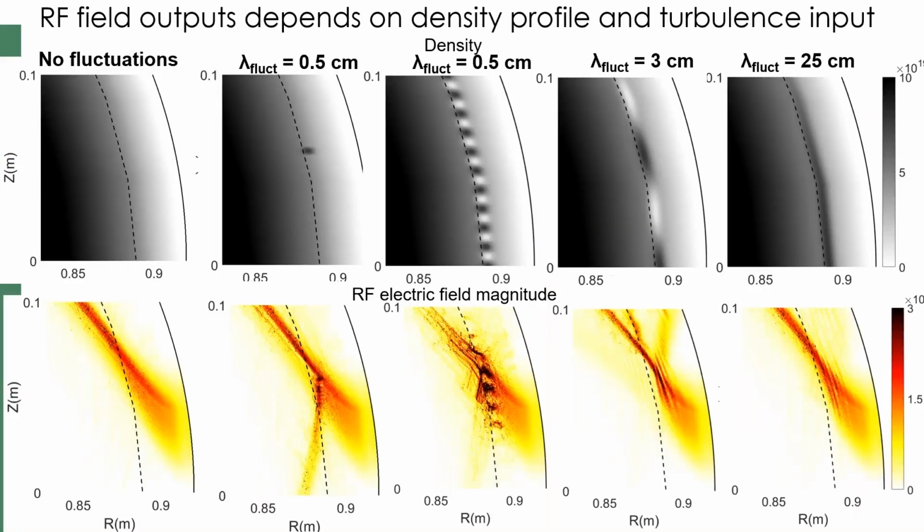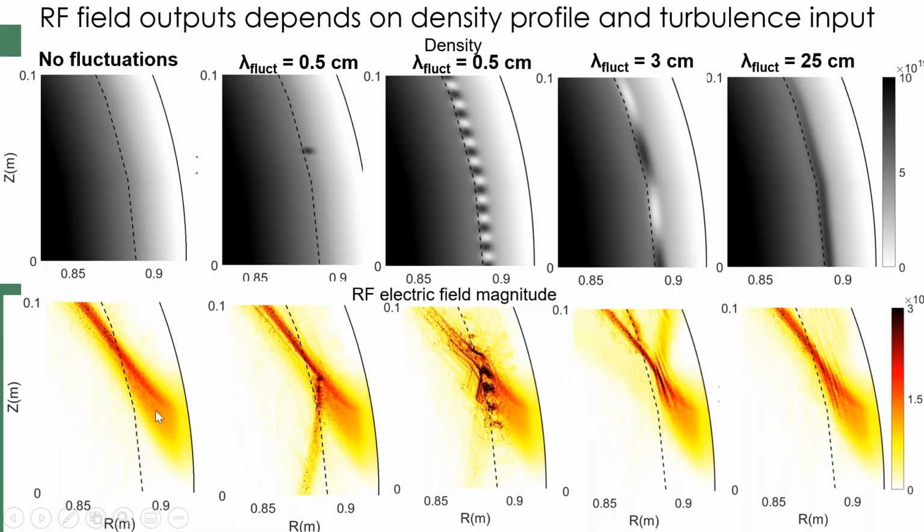I show you 5 separate simulations done for 5 different input densities and density fluctuations, shown at the top here. The top left case is one without density fluctuations. You can also see cases with blobs, with density fluctuations that are periodic, of different wavelengths as well as different amplitudes. It turns out that the outputs can vary quite a bit depending on the inputs to your model.